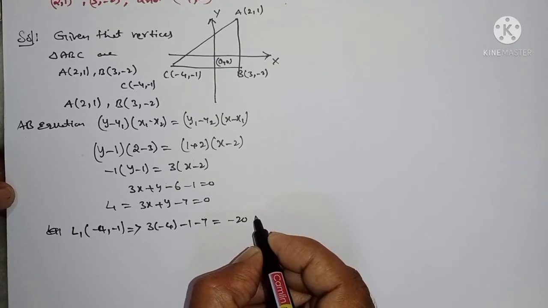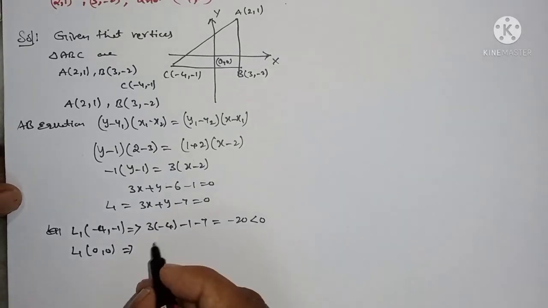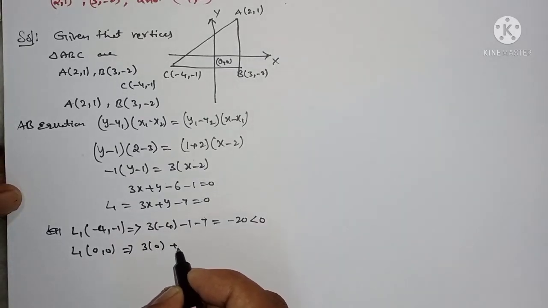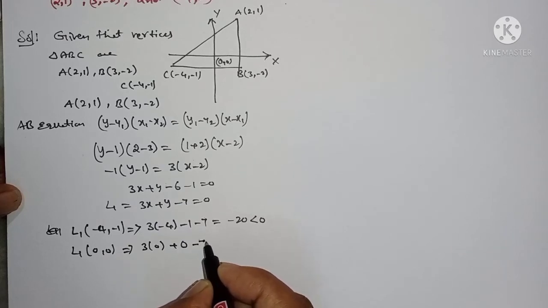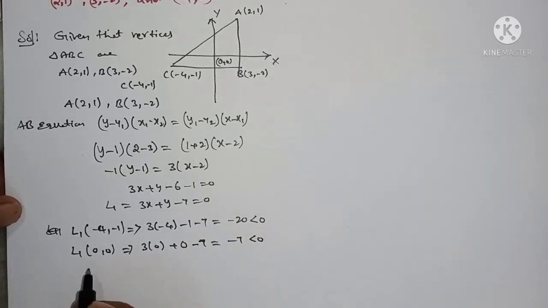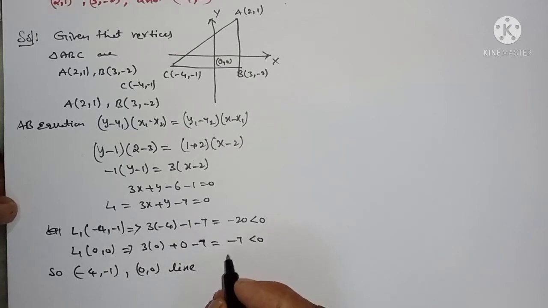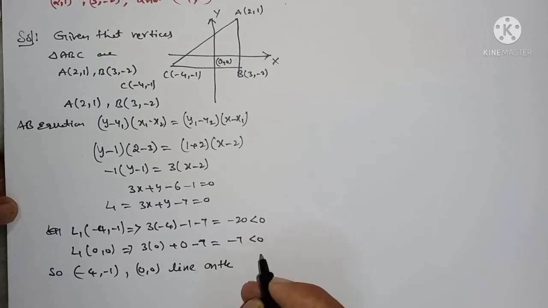Minus 20, which is less than 0. And L1 of 0 comma 0: 3 of 0 plus 0 minus 7, therefore minus 7 is less than 0. Therefore minus 4 comma minus 1 and the origin 0 comma 0 lie on the same side.